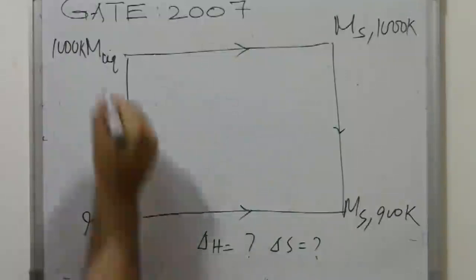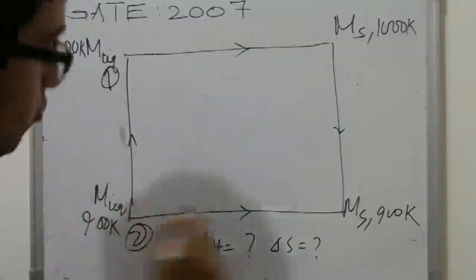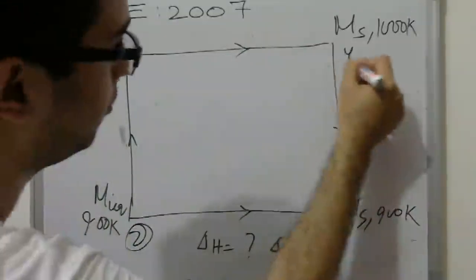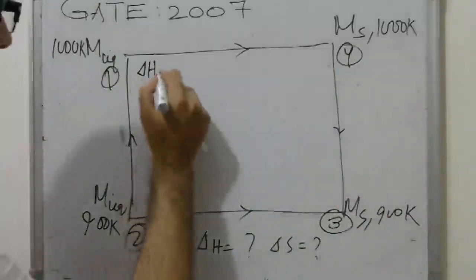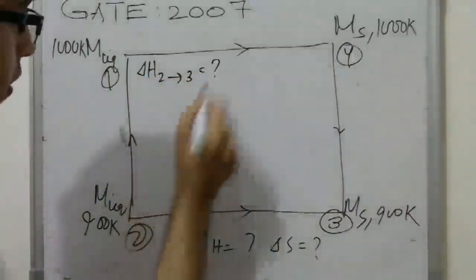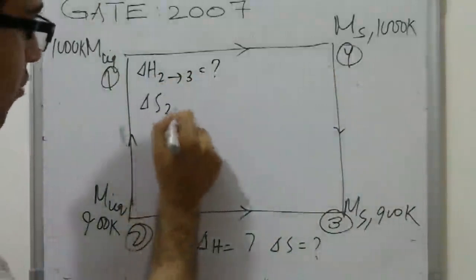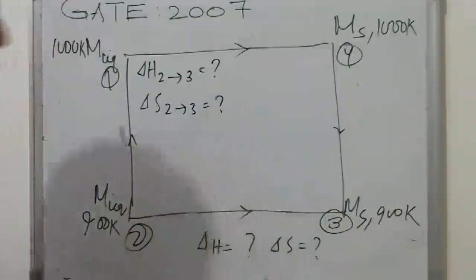Let's again name the states 1, 2, 3, and 4, right? So you've been asked to calculate del H 2 to 3 and del S 2 to 3. So what will you do?